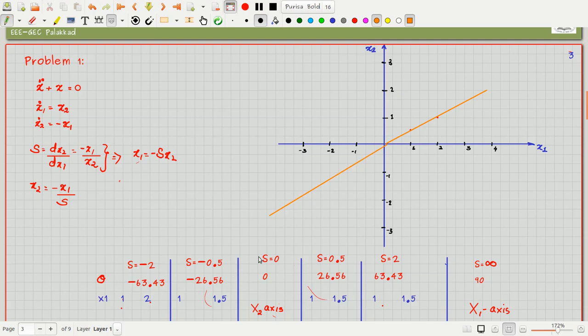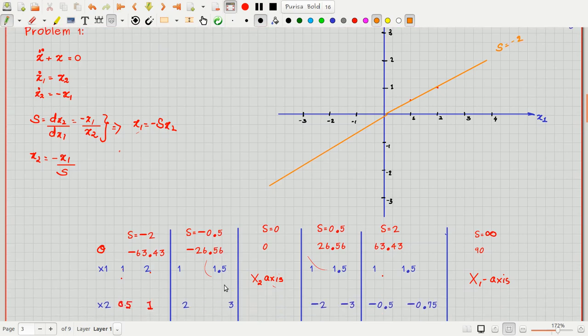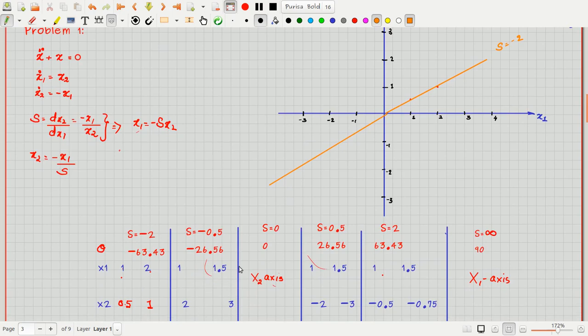Then another one, s is equal to minus 2. The next one is s is equal to minus 5. S is equal to minus 5 means 1, 2 and 1.5, 3. 1.5 and 3 would be somewhere here, right?